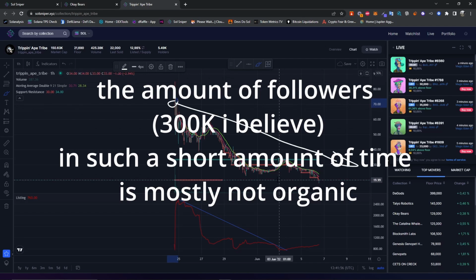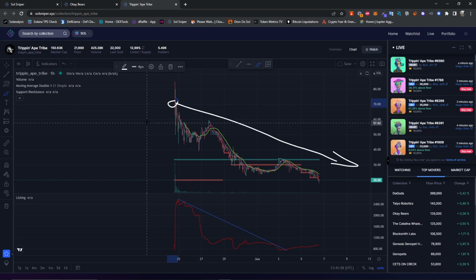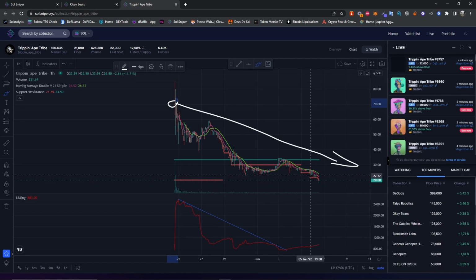And yes, the hype is still there. I don't even know how, but the hype is still there, and I have a feeling that it's only retail investors now that are holding, slowly falling, and retail investors think, oh my god, 20 SOL, should I buy it because this is such a high project and so on.